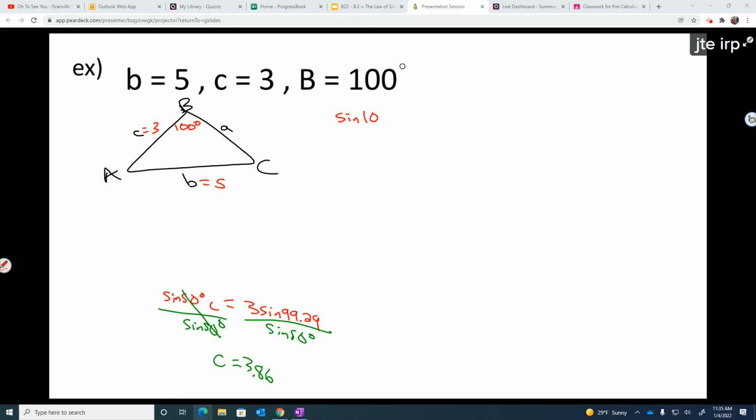We know sine of 100 over 5 equals the sine of big C over 3. Set up.